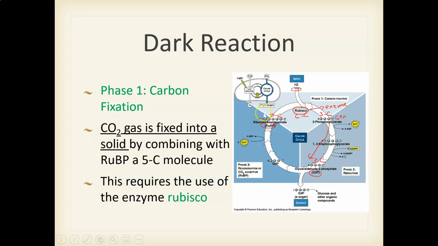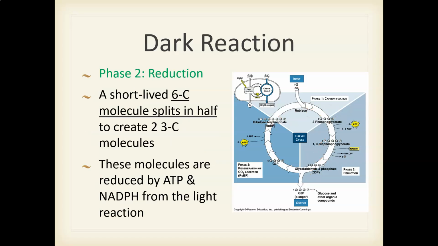Okay, so 5-carbon, take that carbon off the CO2. I now have a 6-carbon molecule with the help of that rubisco. It doesn't last very long, and so we're going to quickly break it into 3-carbon molecules here. That's going to bring us over into this reduction phase.